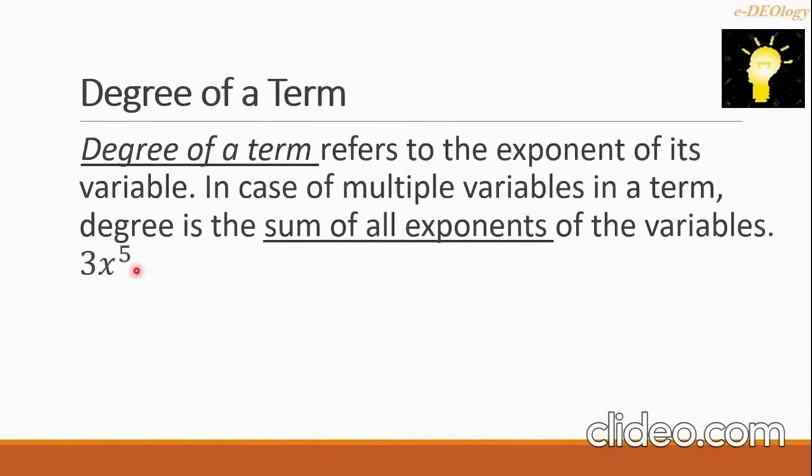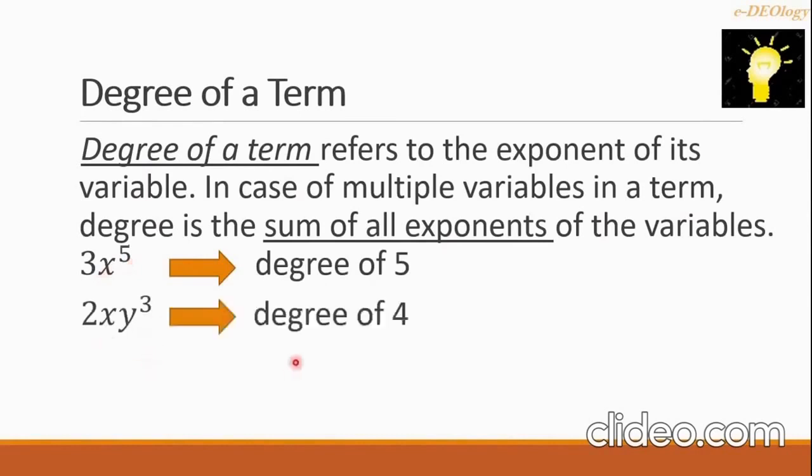Example, 3x raised to 5, the degree is 5, because the exponent of x here is 5. Another example, 2xy cubed, the degree is 4, because we have two variables here, so we are adding the exponents. x with exponent 1, y with exponent 3, so we add the 1 and the 3, so the degree is 4.